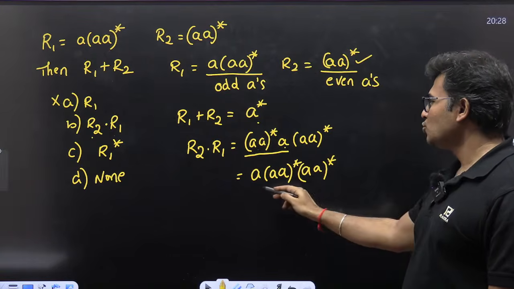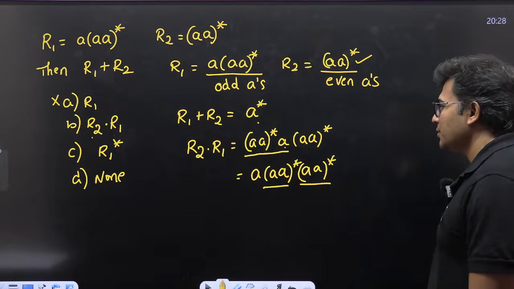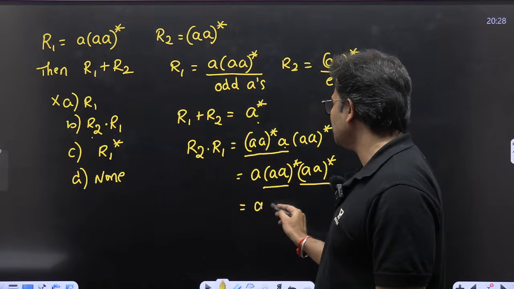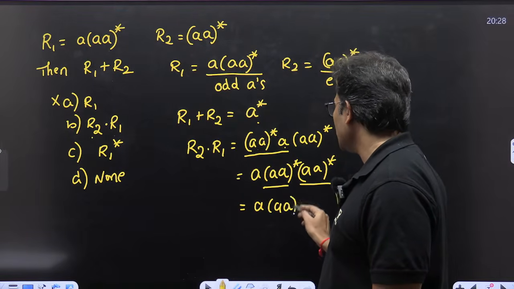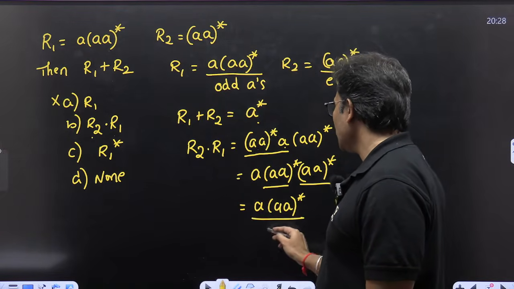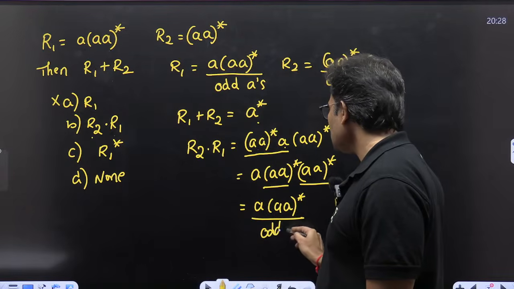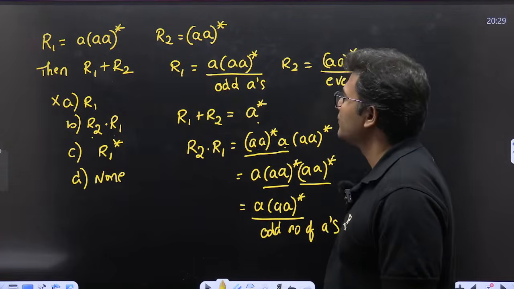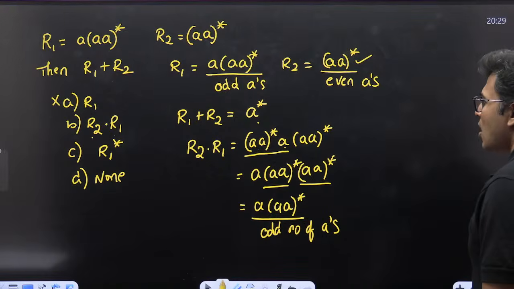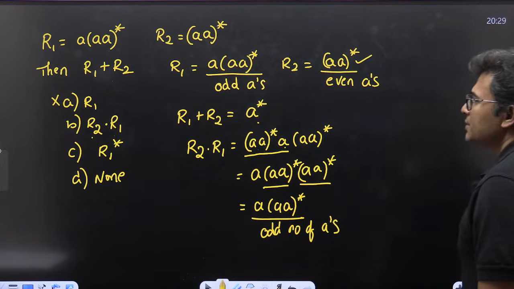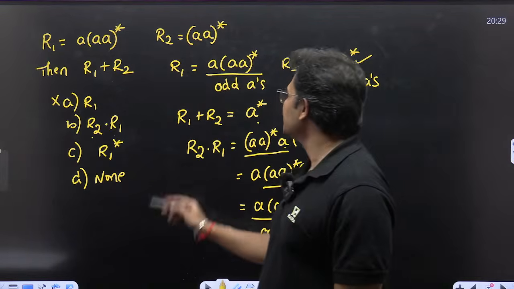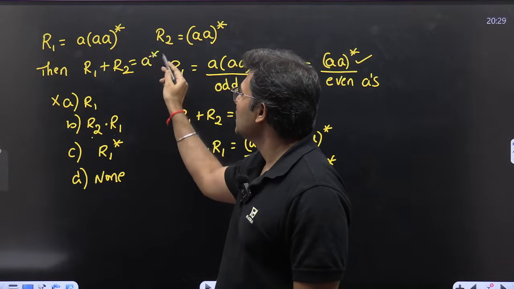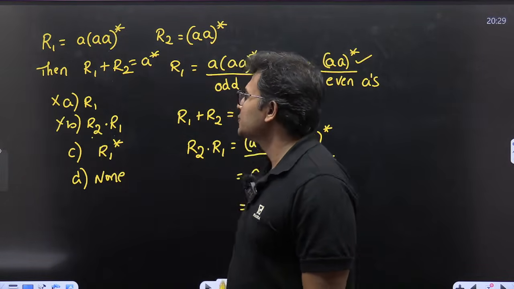Now you don't need two A stars, both are actually the same. So this is going to be A star, which is nothing but odd number of A's. So the first one is odd number of A's, and the second one is also odd number of A's. It is not A star. R1 plus R2 is equal to A star, so this is not A star.